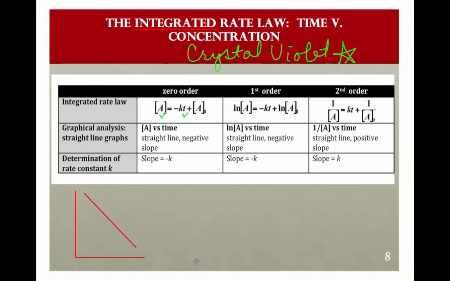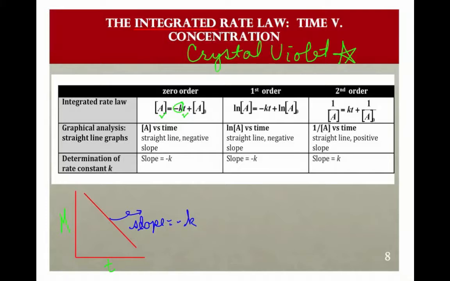So we get a straight line, a negative slope if we did molarity versus time. Now, the slope is equal to negative k. So if we can determine the slope, we set that equal to minus k, and we can solve for a rate constant experimentally.